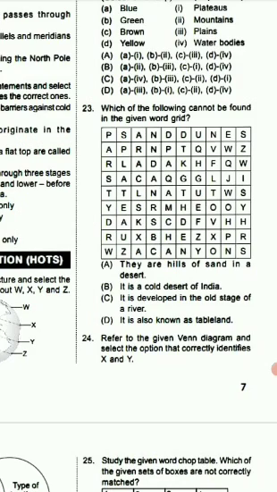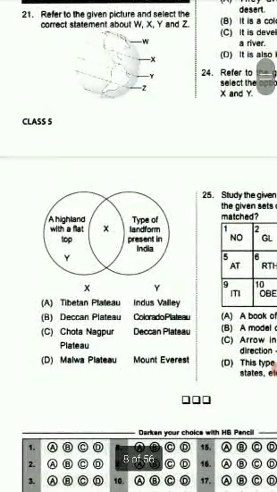Number 24. Refer to the given Venn diagram and select the option that correctly identifies X and Y. X is a highland with a flat top, a type of landform present in India.